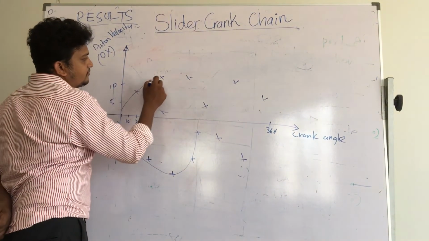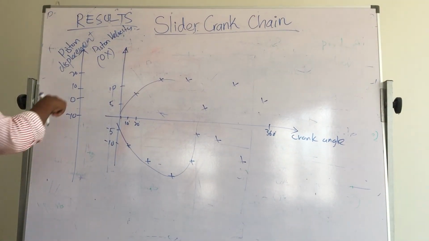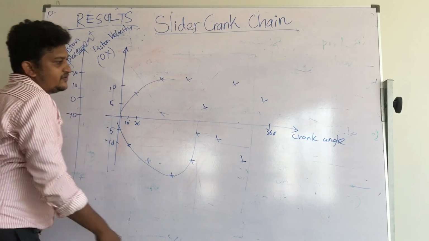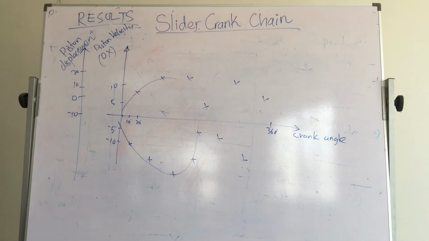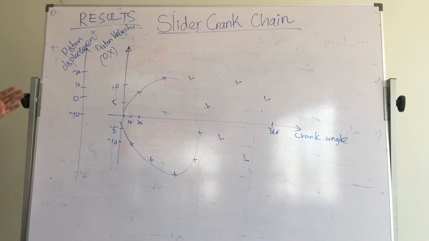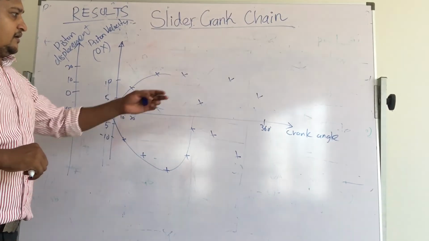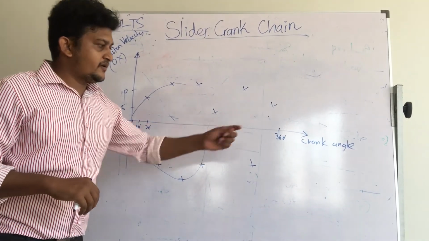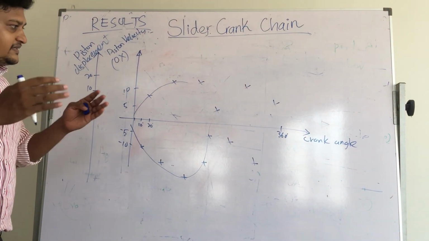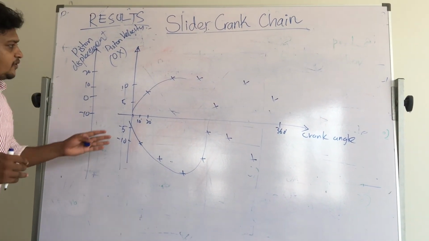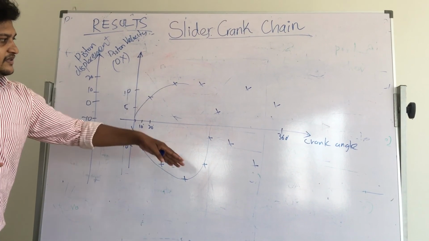Then you again draw the graph, piston displacement versus crank angle. Then you become familiar with the motion profile of the piston velocity versus crank angle. We are again and again telling you we are interested in this profile. That's why we did this practical and came up with this graph.